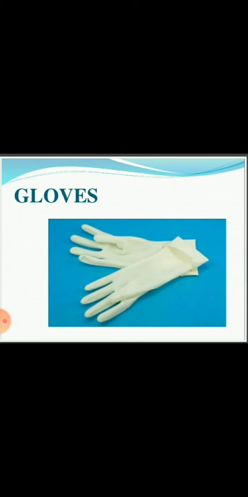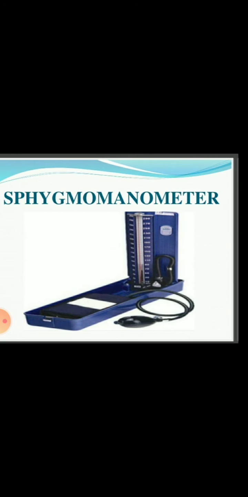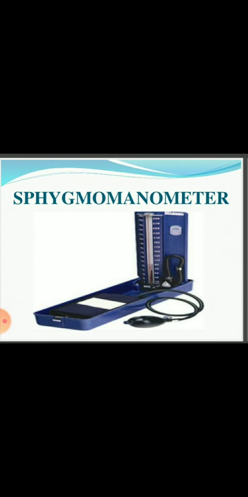First is gloves. When we are attending the patient, we should wear gloves for doing the physical examination of the patient. Sphygmomanometer is next. Sphygmomanometer is used to check the blood pressure of the patient.